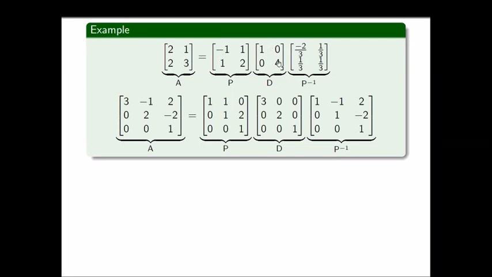So 1 and 4 have to be the eigenvalues of this 2 by 2 matrix A. And if we look at P, we can conclude that the column vectors of P are going to be the eigenbasis for this matrix A. So the vectors (-1, 1) and (1, 2) will form an eigenbasis for the matrix A.